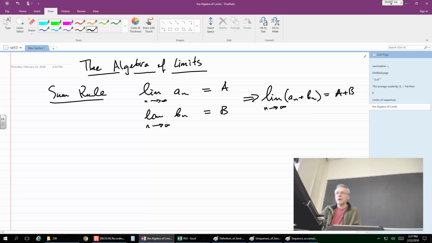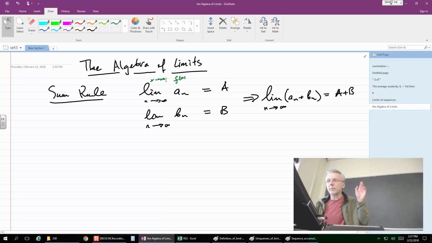Okay, so what's the difference from what you saw in calculus 1? Not a lot. Just we used to have here a function f of x, f of x goes to a like that, but the words definitely are the same.